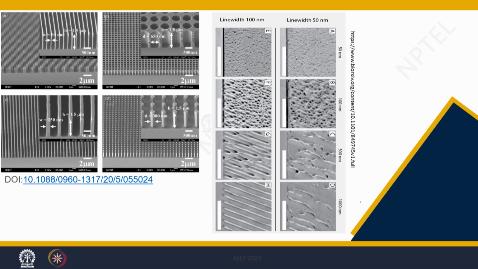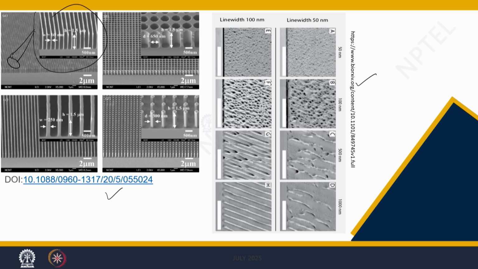Why is this term lithography becoming so important? It is becoming important because if you look into a structure, for example, I have taken these two scanning electron microscope images from two published literatures, and you can see that these are patterned structures from a film or a pattern which has been designed on a substrate.